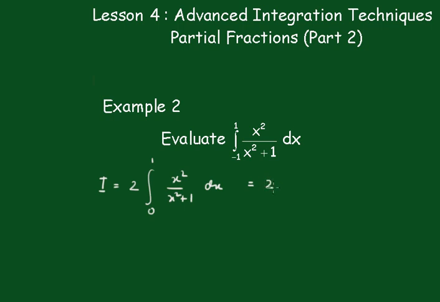So we write this as x squared plus 1 minus 1 over x squared plus 1 dx between 1 and 0. And that becomes the integral of 1 minus 1 over x squared plus 1 dx.